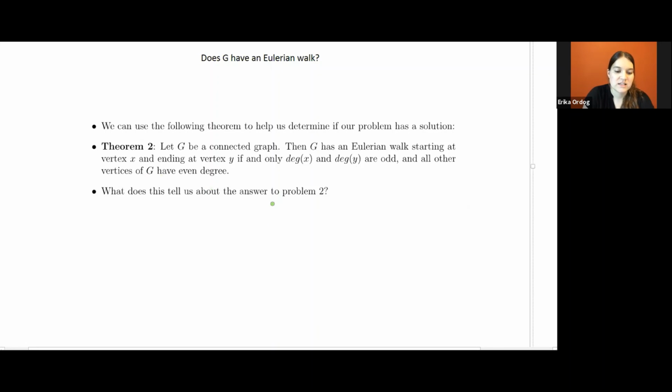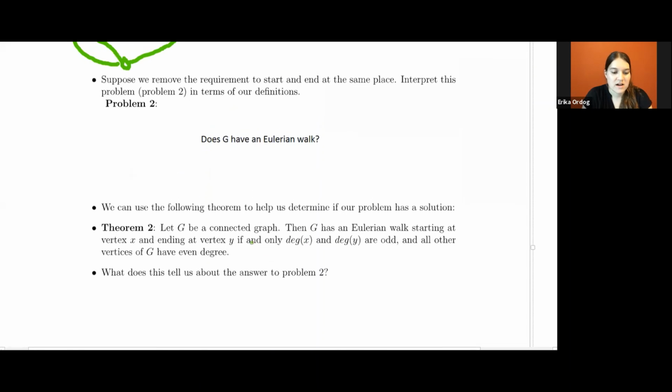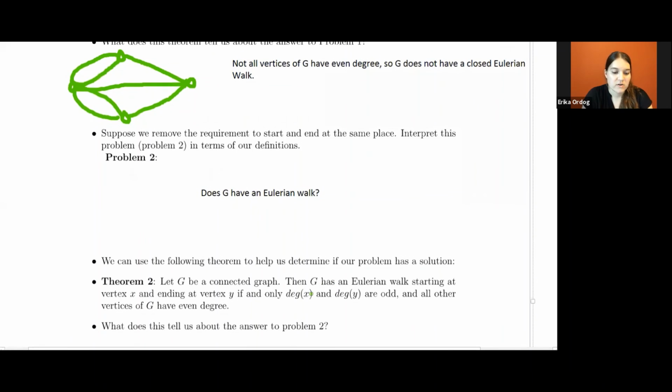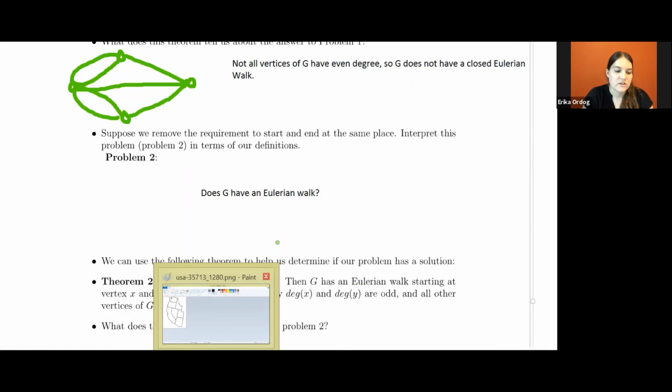So what does this tell us about the answer to problem 2? Well, X and Y can be any 2 vertices. So what we're looking for in our graph is 2 vertices that have odd degree, and all of the other vertices have even degree.